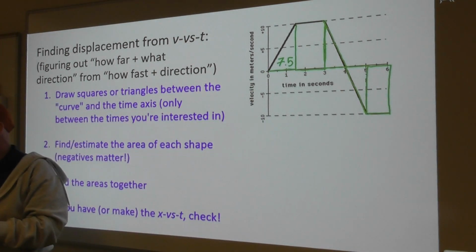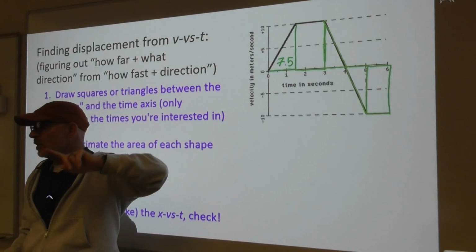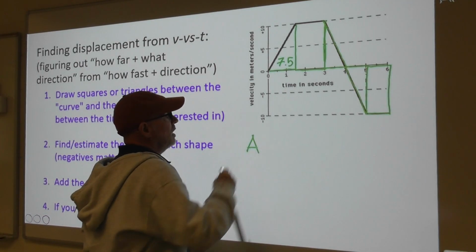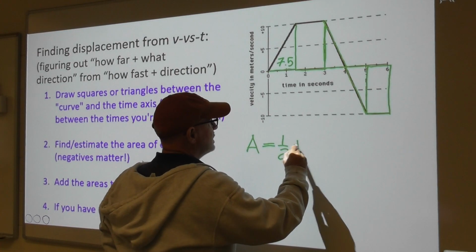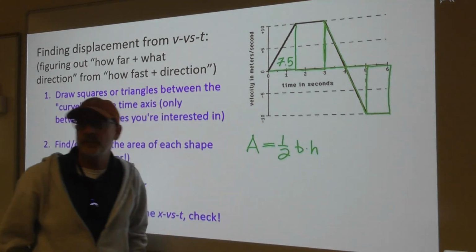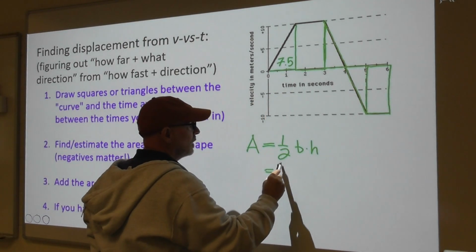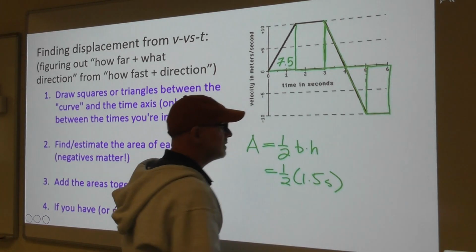Let's look at that in a little bit more detail, just for this first triangle, so that you can see how this works. What we're saying is that the area of our triangle is 1/2 base times height. The base of this triangle is 1.5 seconds.